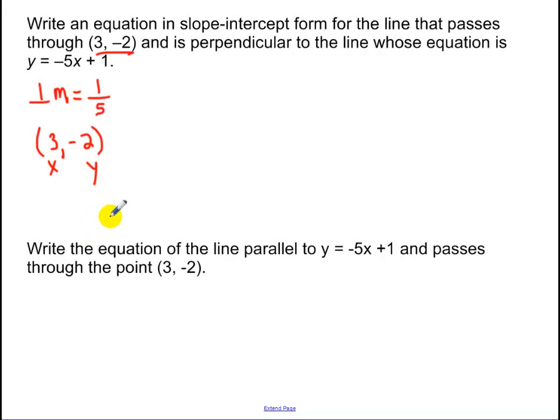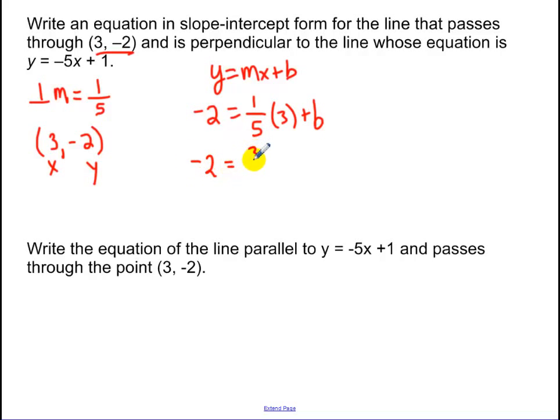Okay, so what we're going to do from here is use y equals mx plus b. Y is equal to -2, m is 1/5, x is 3, plus b. So simplifying, b is equal to -2 minus 3/5.